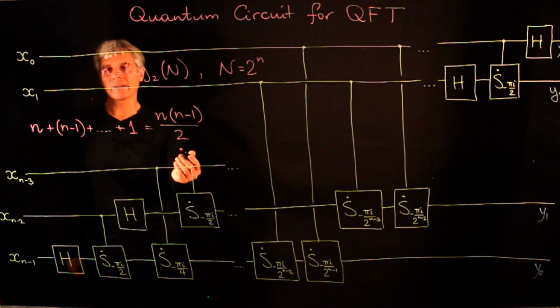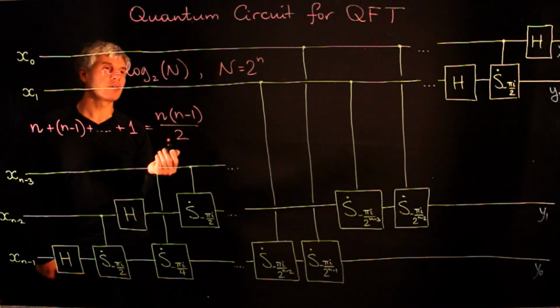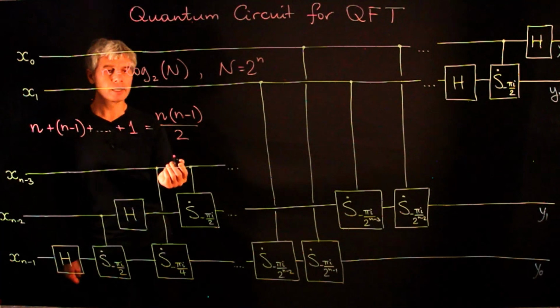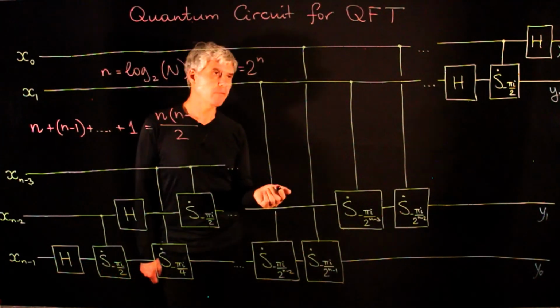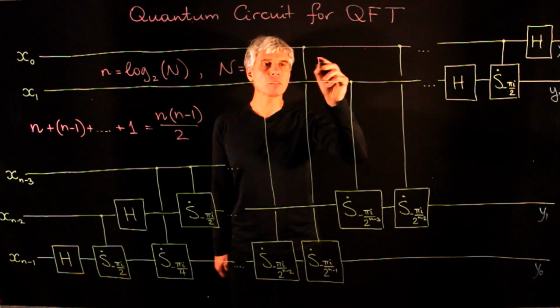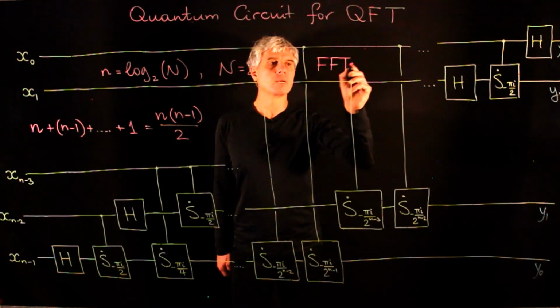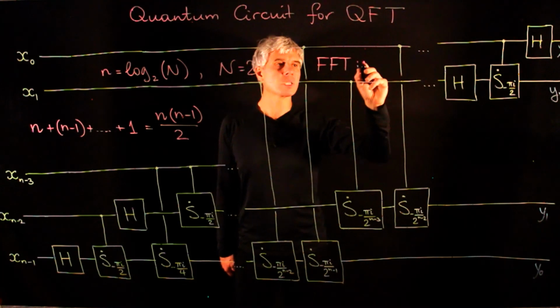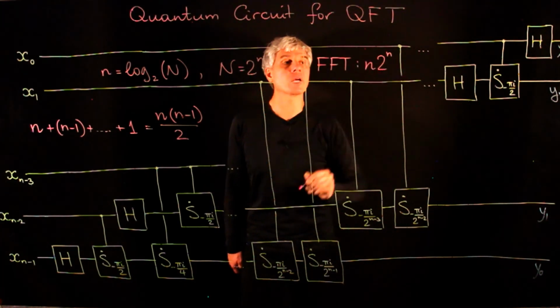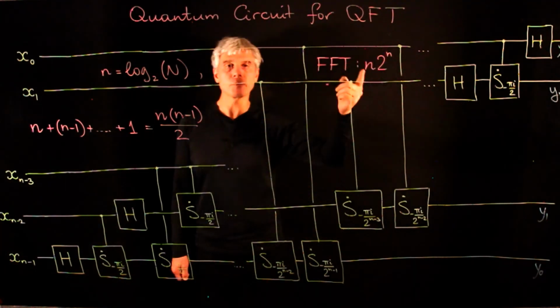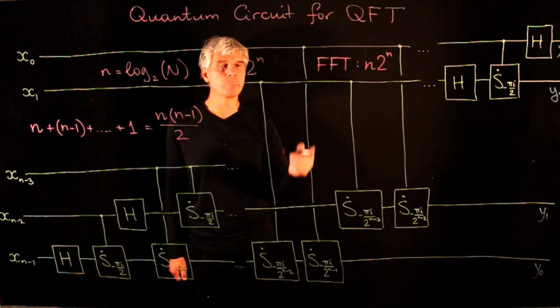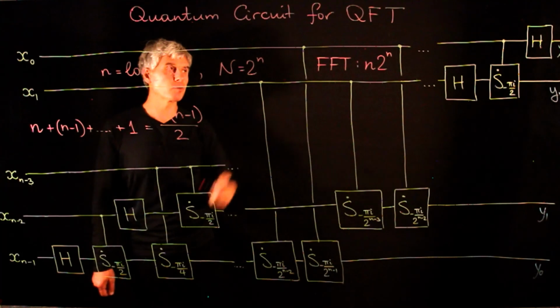So what we see is that the complexity of the quantum Fourier transform is quadratic in the number of bits, whereas for the fast Fourier transform, the complexity was n times 2 to the power n. So it was linear in the number of terms, but exponential in the number of bits.